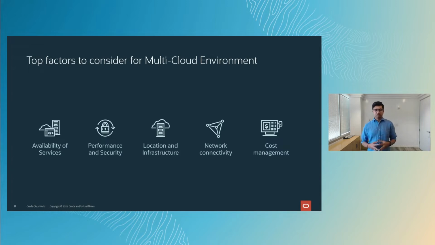Next is location and infrastructure. When you have a multi-cloud setup, it's important that these are located in fairly close proximity, so that network connectivity is seamless and less latent as well. And overall, at the end, it's going to be cost management, where you get the best from everywhere, and you need to understand what your spending looks like in different places.